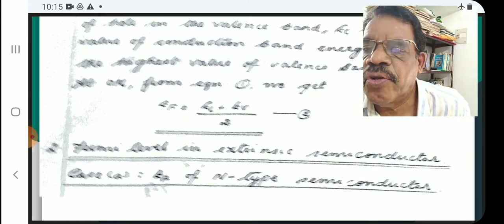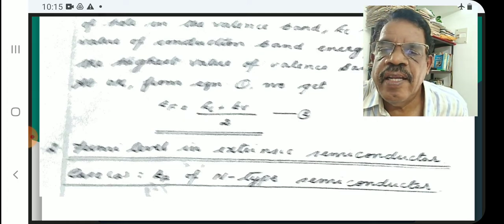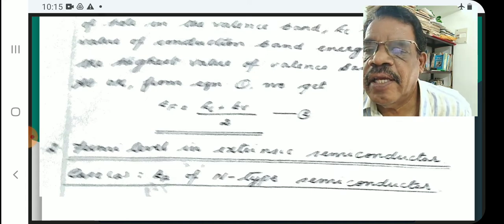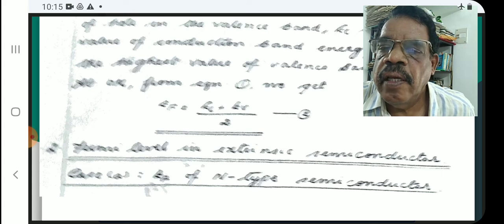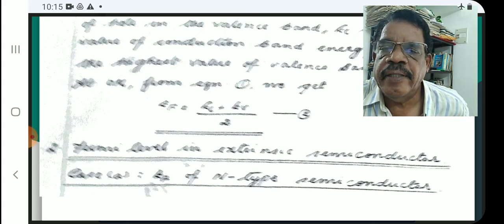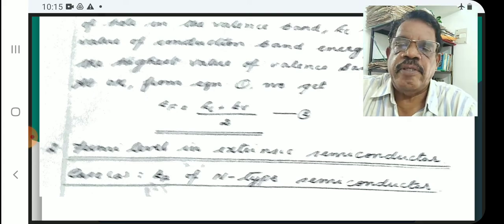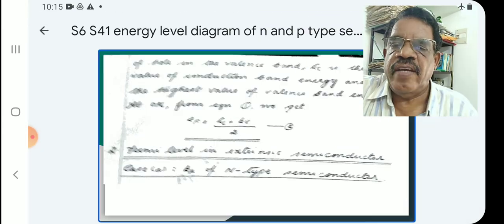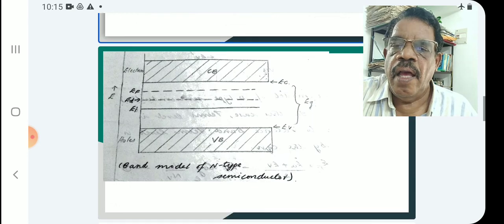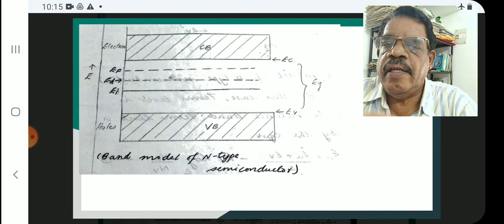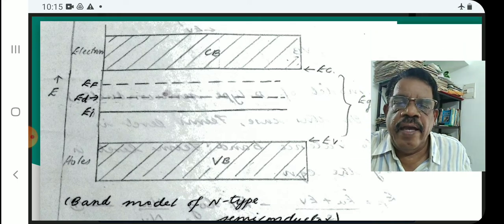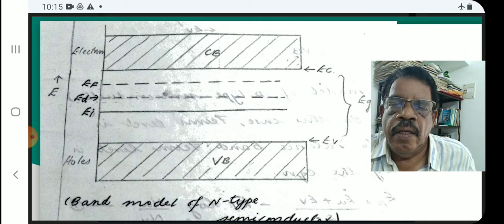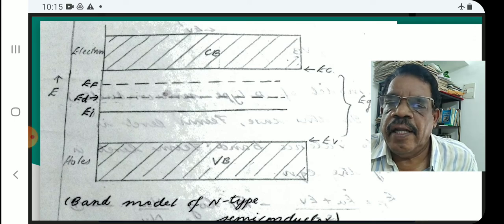So heading number 2 is Fermi level in extrinsic semiconductor, Case A: EF of N-type semiconductor, the Fermi energy level of N-type semiconductor. And that is marked in a separate figure here. This is the Fermi level marking band diagram of the extrinsic, N-type semiconductor.